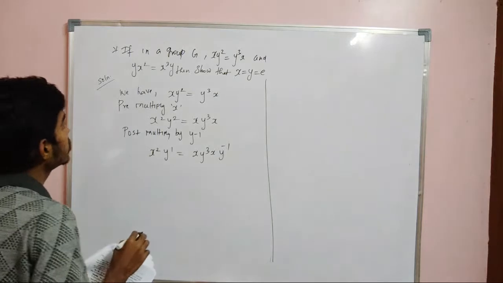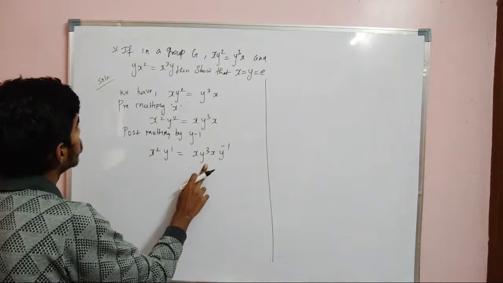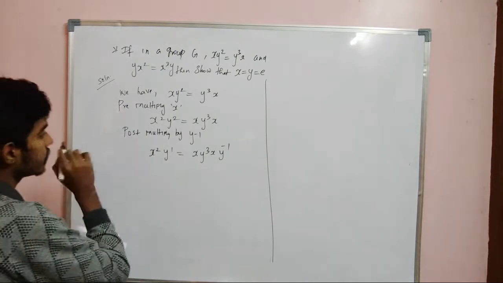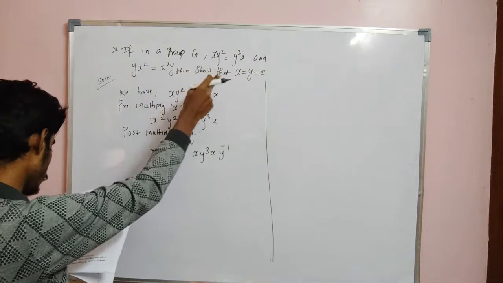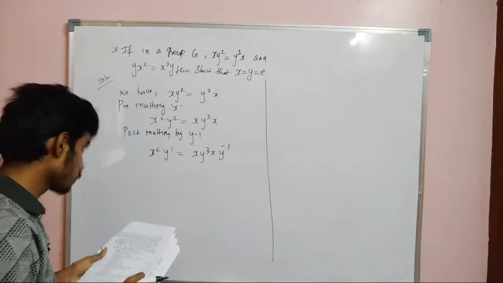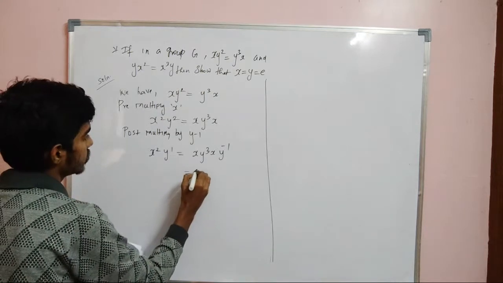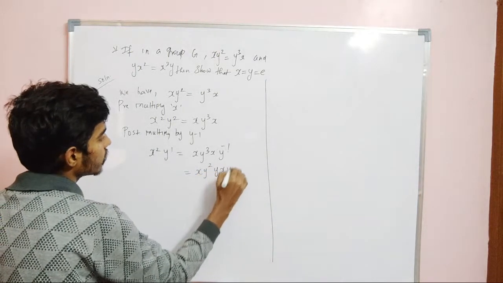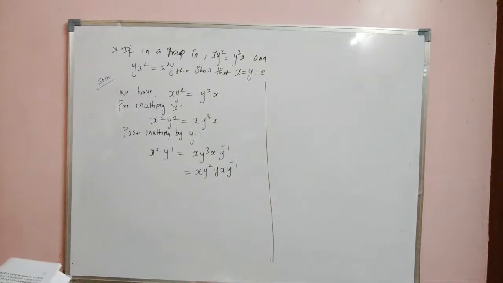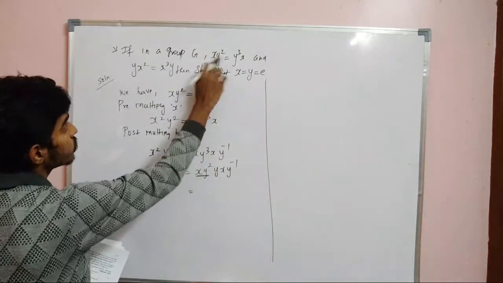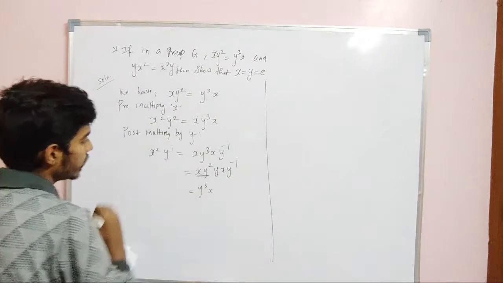Now I am going to replace x y cube. I am going to write y cube as x y square into y, so x y square y into y inverse. Now we know x y square is y cube x, so I am replacing that by y cube x.